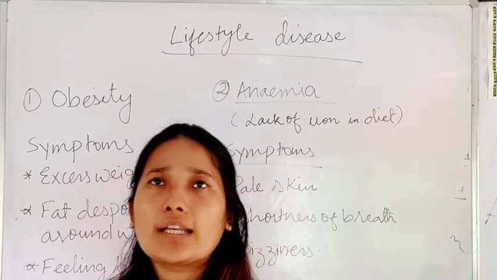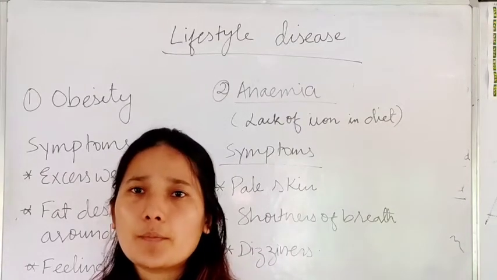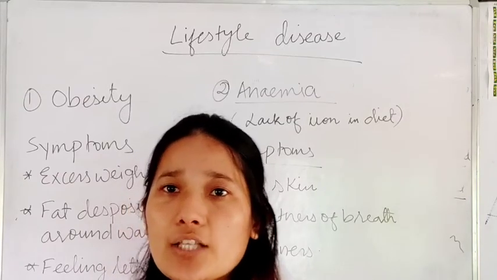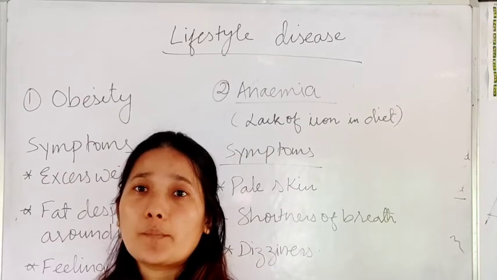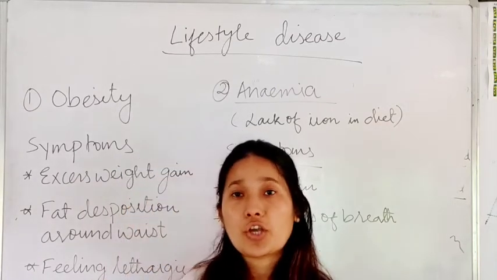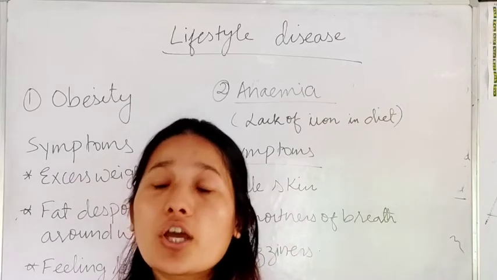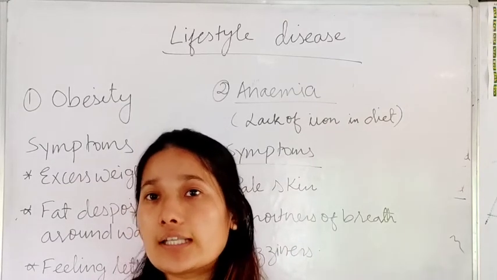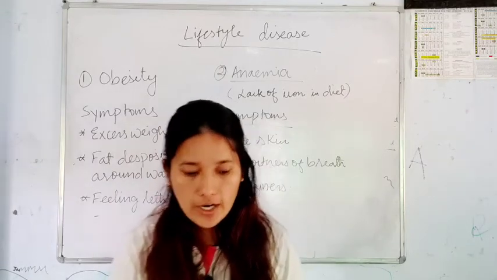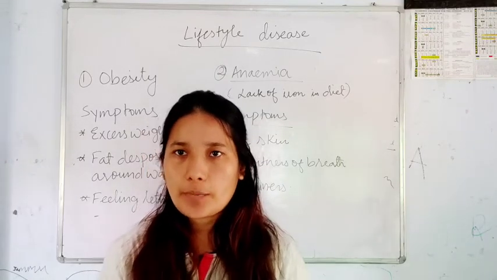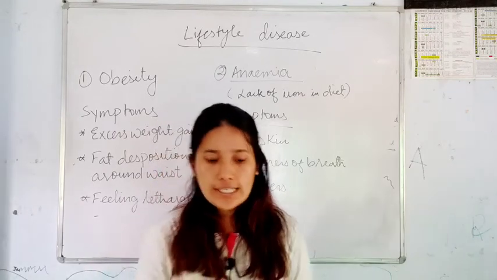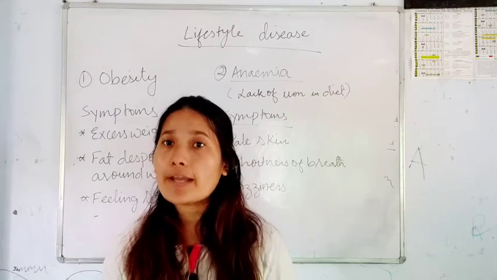Now what is the reason behind high blood pressure? Same thing: unhealthy food, irregular exercise, taking food which contains more fats. All these lead to high blood pressure. So regular exercise and eating healthy food will help you in correcting this disease. Symptoms of high blood pressure are chest pain, breathlessness or dizziness, and excessive sweating might also occur.